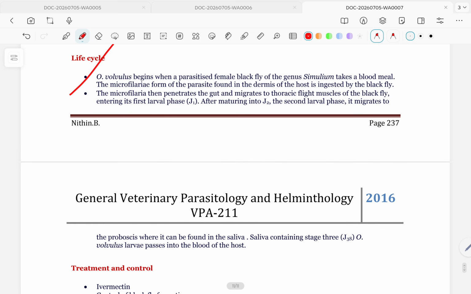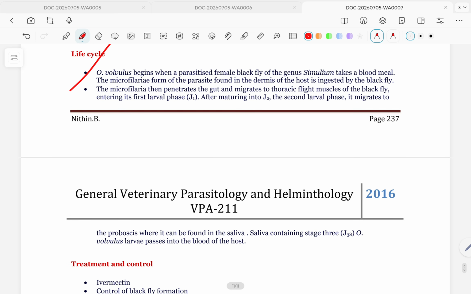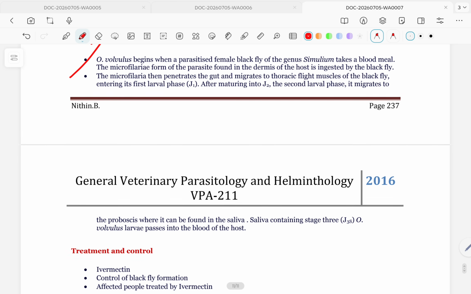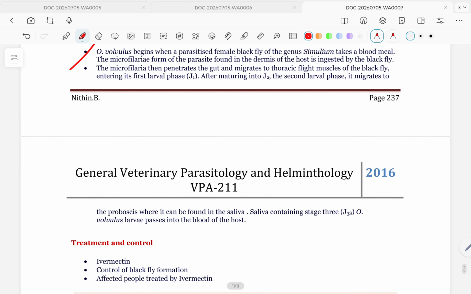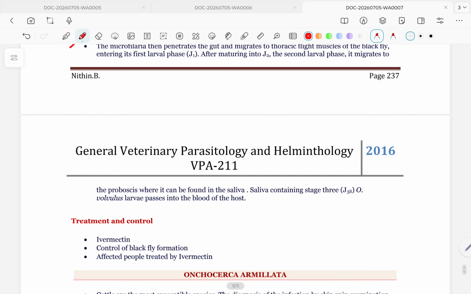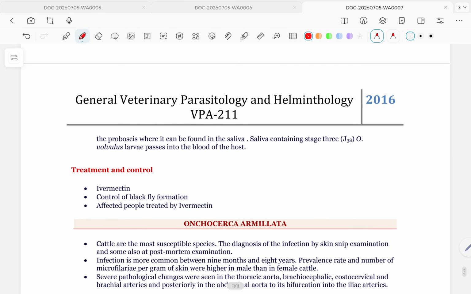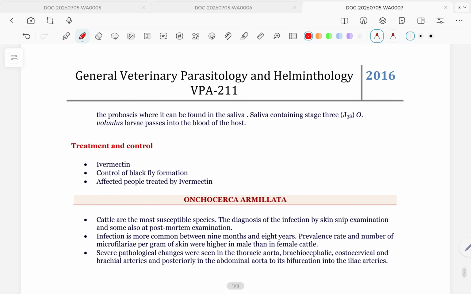The microfilariae then penetrate the gut and migrate to the thoracic flight muscles of the black fly, entering the first larval phase. After maturing into L2, the second larval phase, they migrate to the proboscis, where they can be found in the saliva as stage 3. The O. volvulus larva passes into the blood of the host.